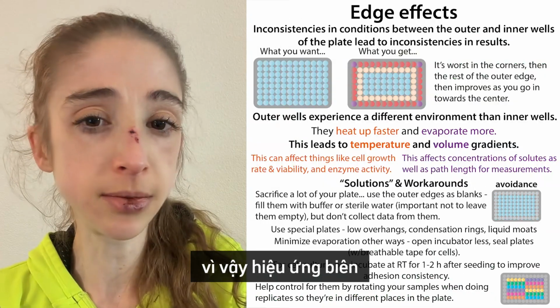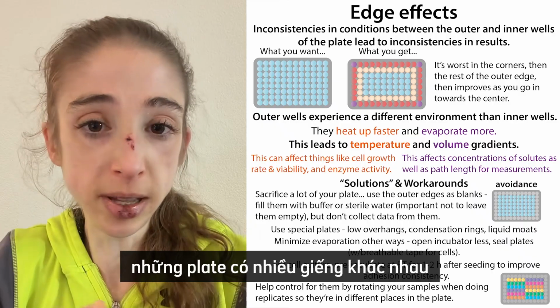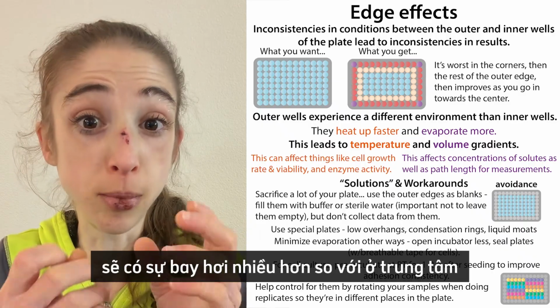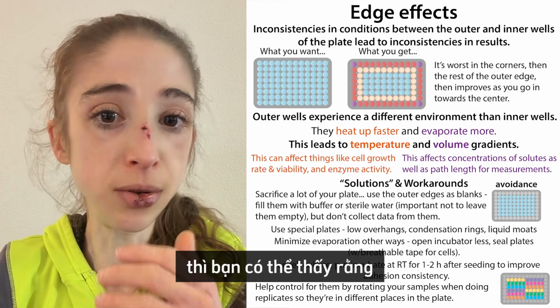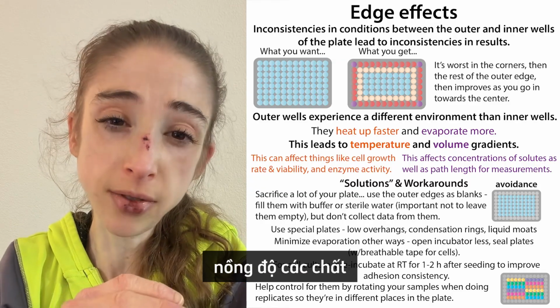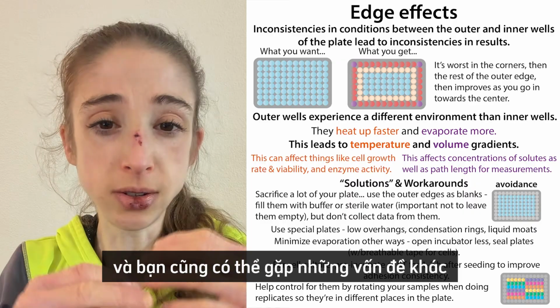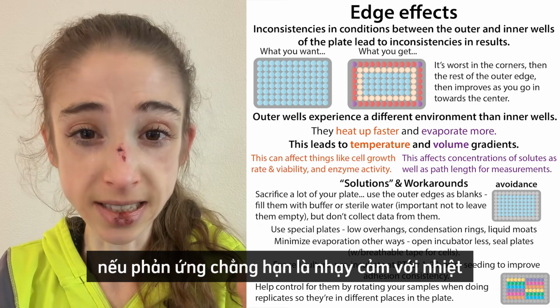Edge effects relate mostly to when you're doing things in plates, those plates with lots of different wells. On the edges of those plates, you're going to have more evaporation than in the center. And when things evaporate, the concentration of things is going to increase in the wells. You can also have other sorts of problems if the reaction, say, is heat sensitive.